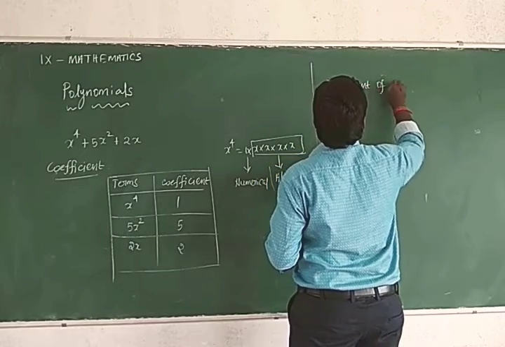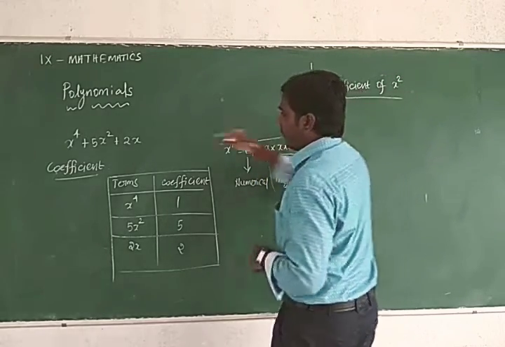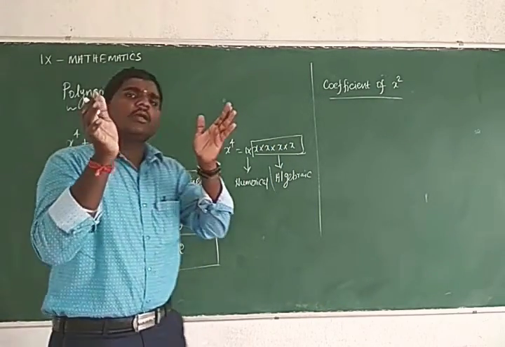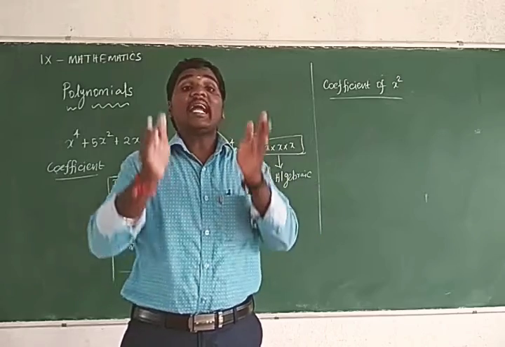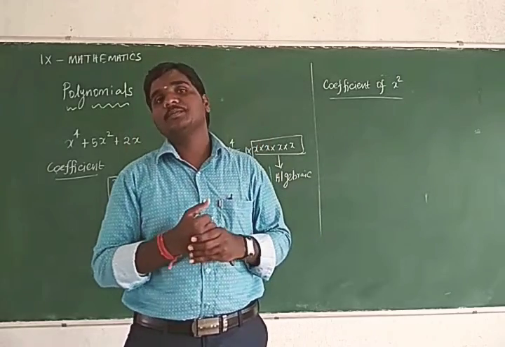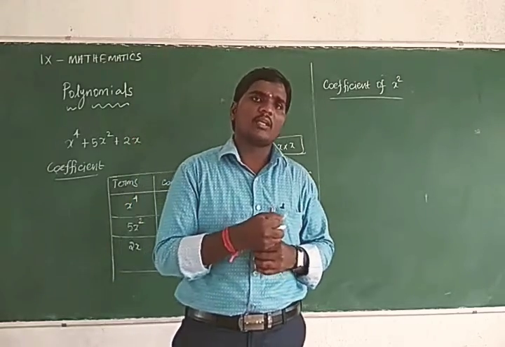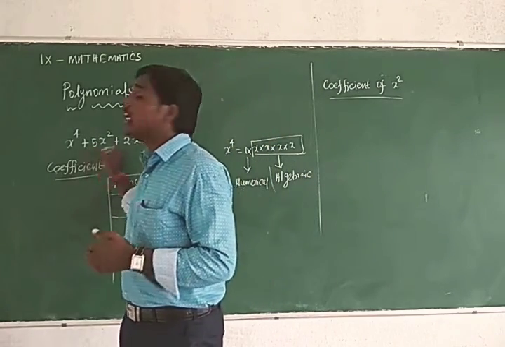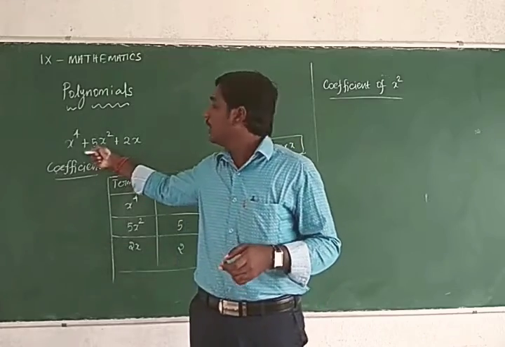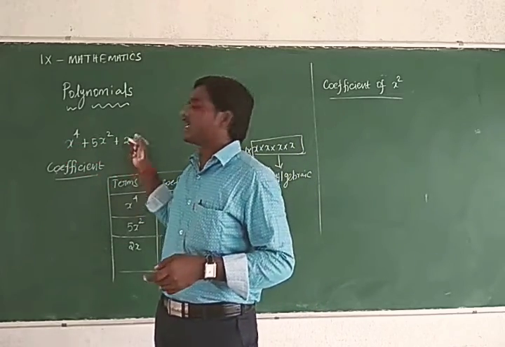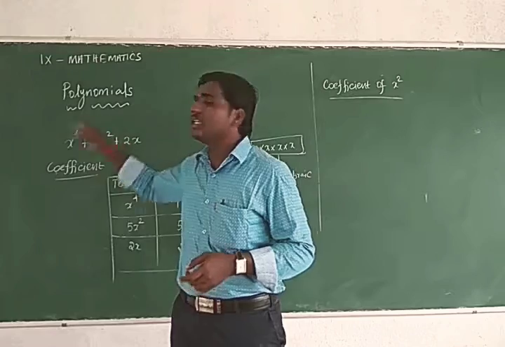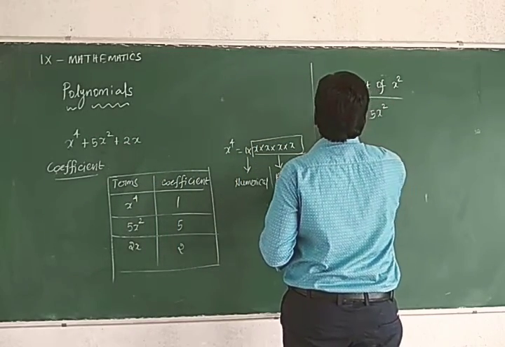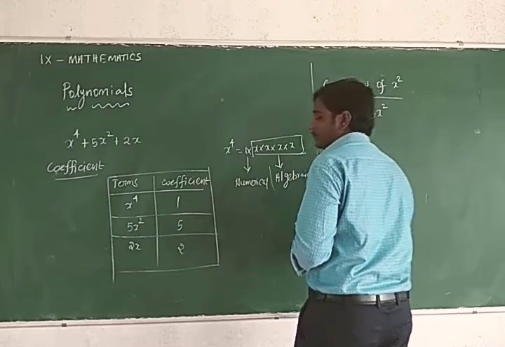First you choose the terms which contain x square. Which one is it? Only 5x square. Only one term is there. It is not x square alone, it is x; so you write this term 5x square, only one term.